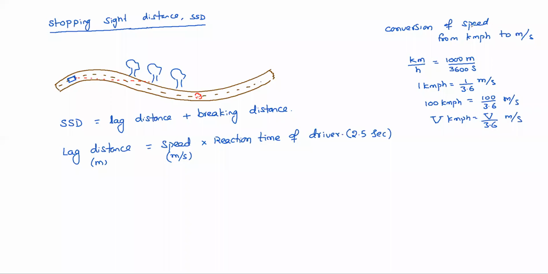Then what is meant by braking distance? How to calculate this braking distance? Braking distance varies from place to place. If the road is plain, with no gradient, then the formula is different. If it is an up gradient, the formula is different. If it is a down gradient, the formula is different.